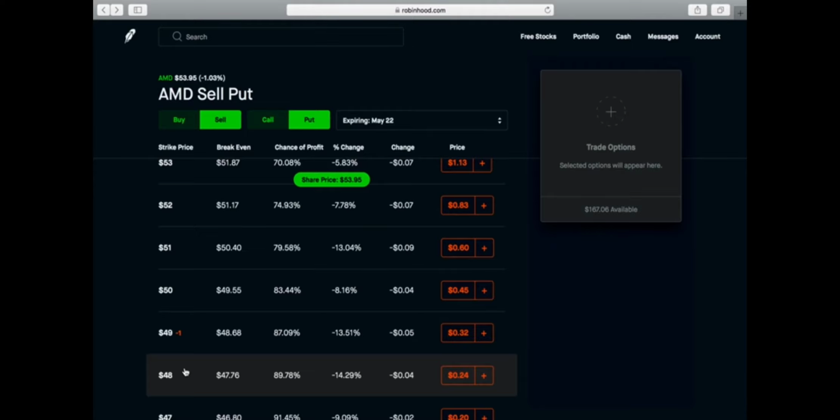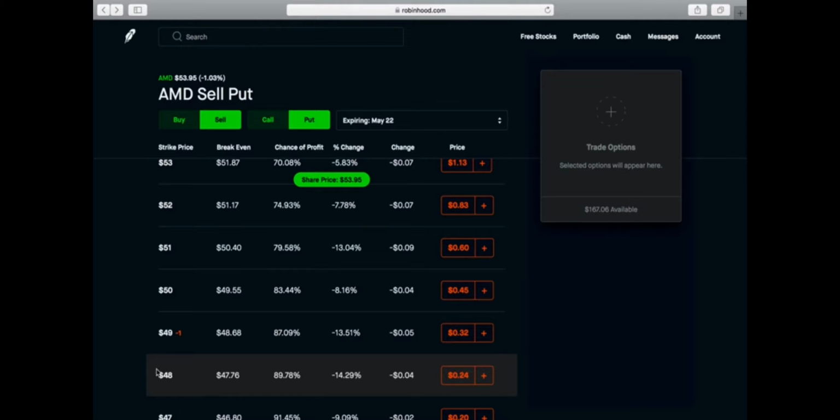So there's two things that can happen here now. Firstly, you can just wait and hope the stock goes back up. That's why you want to choose a stock that has good performance year after year, because if AMD were to drop to $48, it most likely will go up within the next couple of months again. And then you can just sell them.